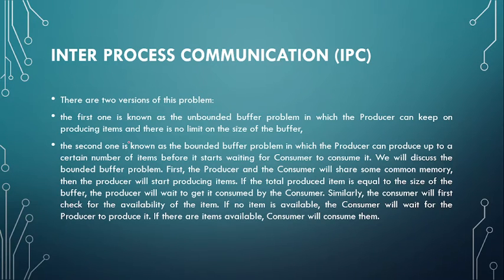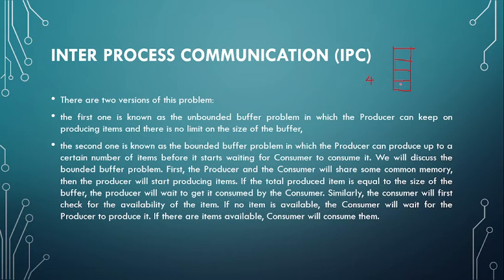Here, with limited memory, for example, let's take a stack which can store 4 elements. The producer can produce items up to 4 elements. He cannot store more than 4 elements.